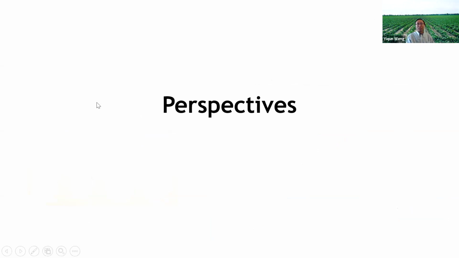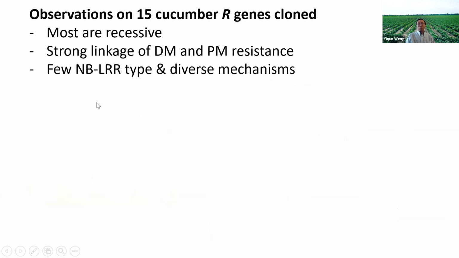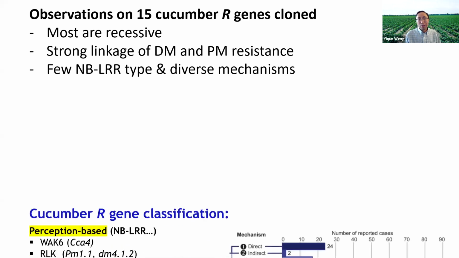And lastly, some of my thoughts or speculations. If we look at the 15 cucumber R genes or candidate genes cloned, you can see most of them are recessive. You can also see the strong linkage, particularly for downy mildew and powdery mildew resistances. And you can see there are very few NBS-LRR type genes.